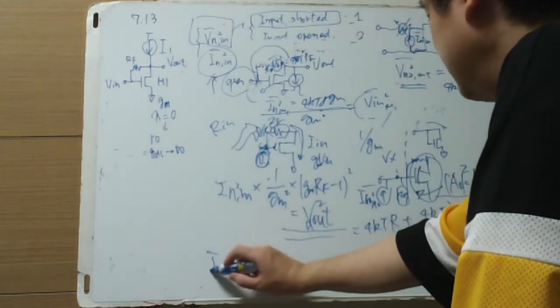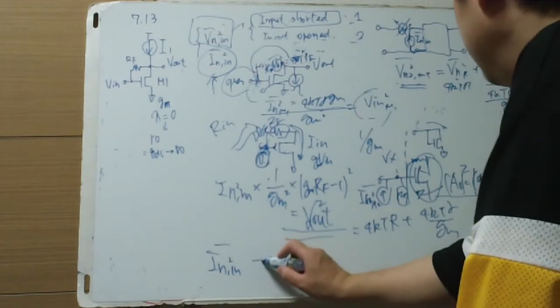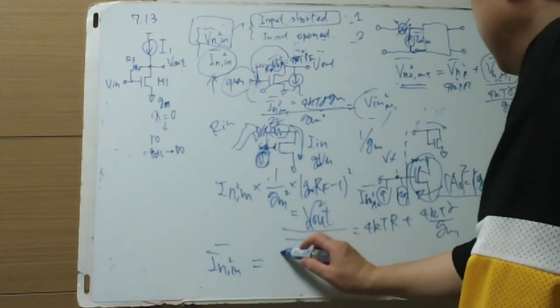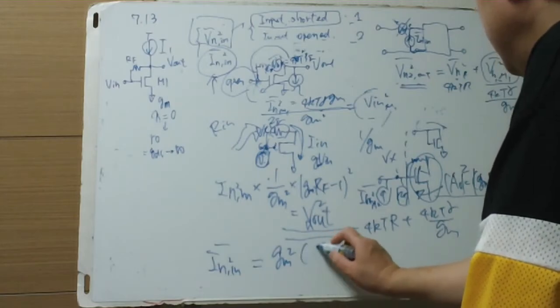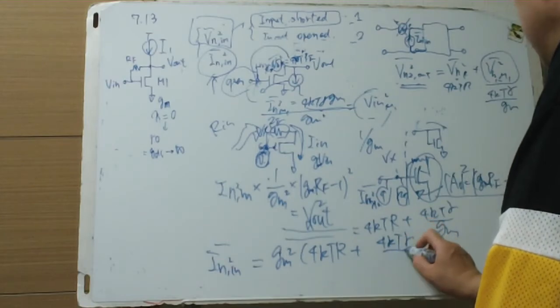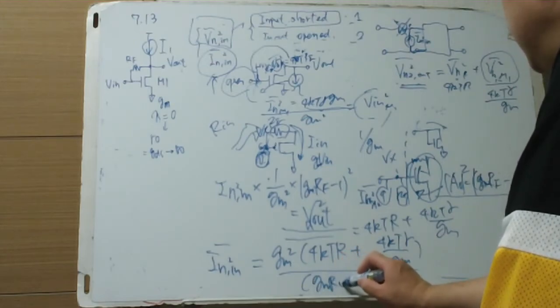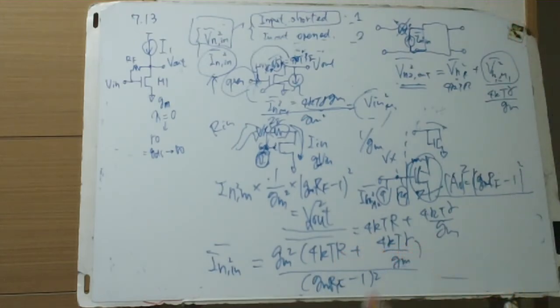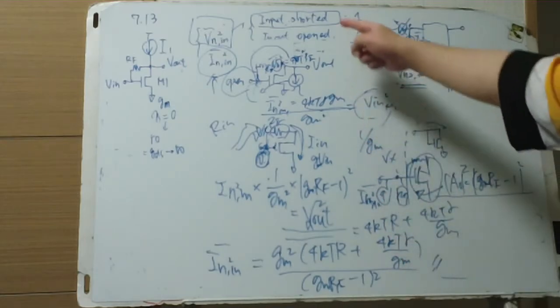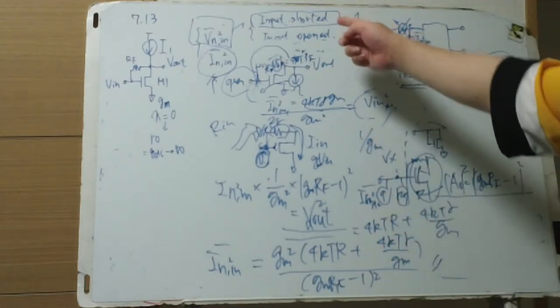So the input-referred noise I n input squared is given by GM squared times (4kT R plus 4kT gamma over GM) divided by (GMRF minus 1) squared, which is equivalent to the one explained in the textbook using another method.